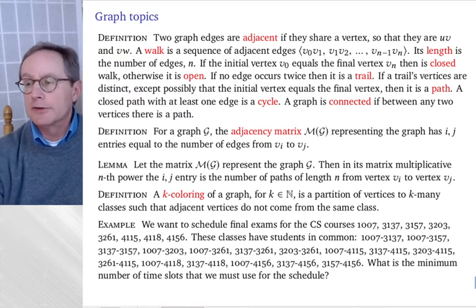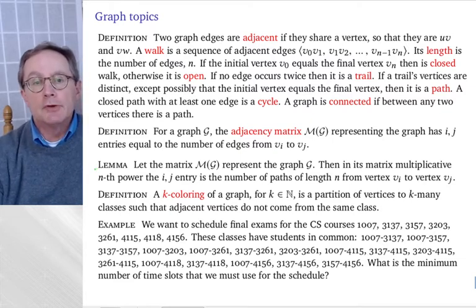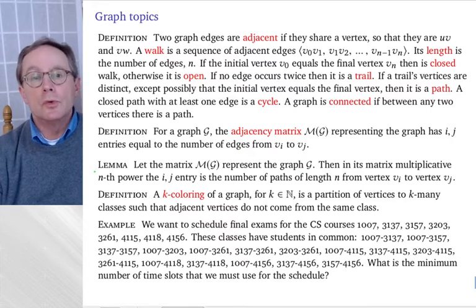Okay, so the adjacency matrix representing the graph has an ij entry that equals the number of edges from Vi to Vj. And the major point for our purpose of the adjacency matrix is that if you have an adjacency matrix and you look at m squared, then the entry is the number of length 2 paths.